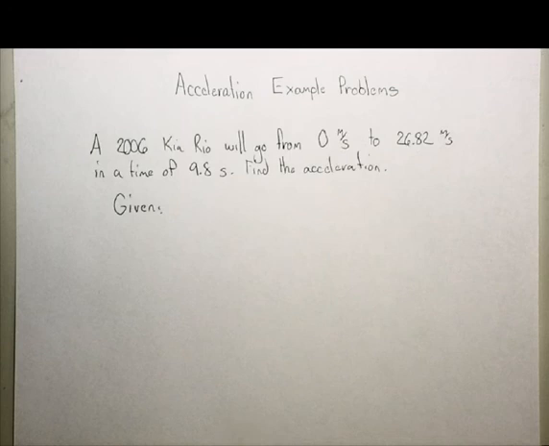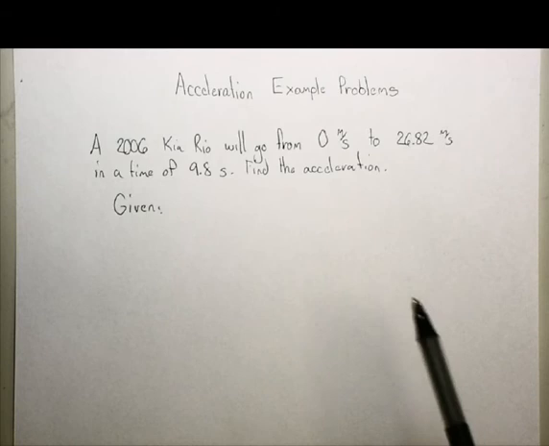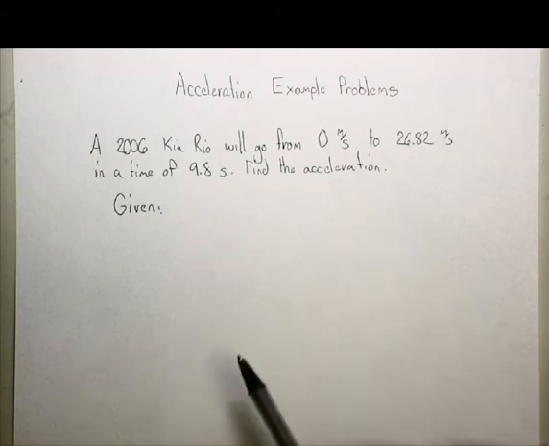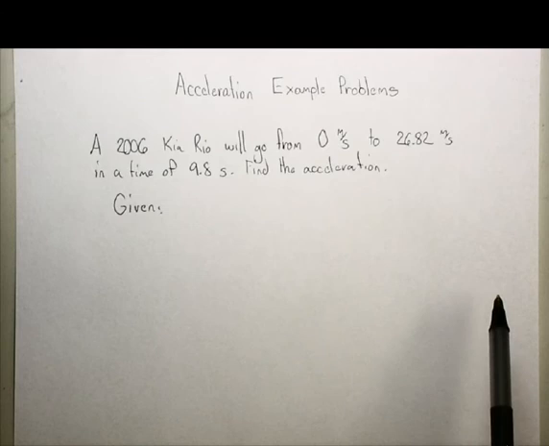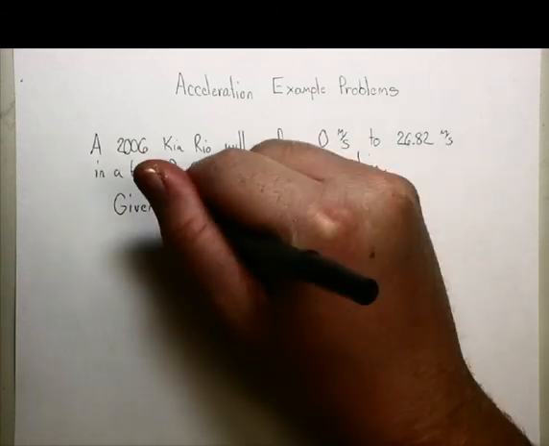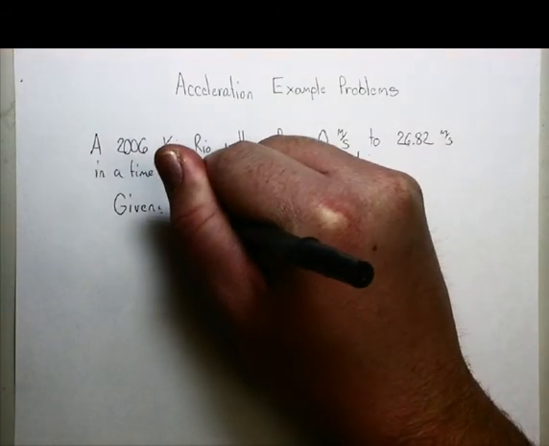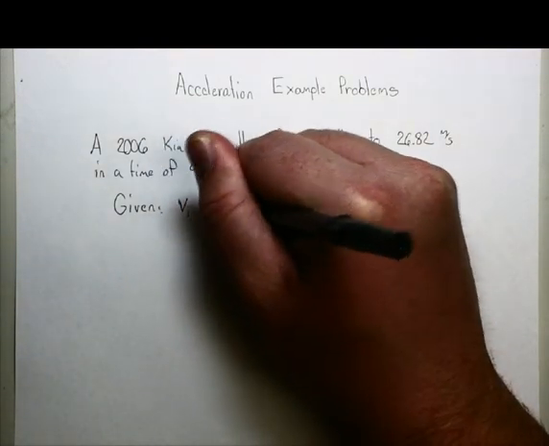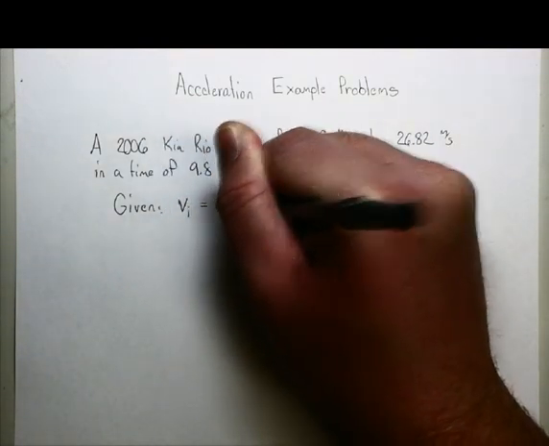And when we're dealing with acceleration, it's very important that we distinguish between what was the time when we started paying attention and what was the speed when we started paying attention and what was the speed when we finished. At the beginning of this situation, when we first look, the car is traveling at 0 meters per second. So that's our initial velocity. So we would say initial velocity, there's that subscript i, is equal to 0 meters per second.